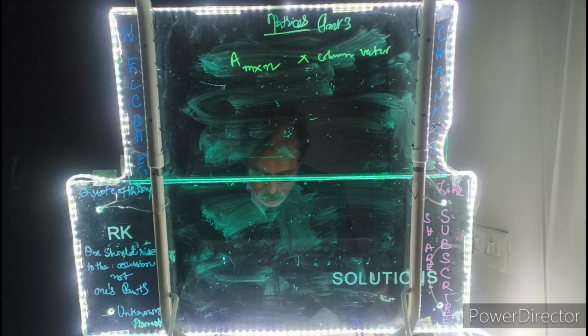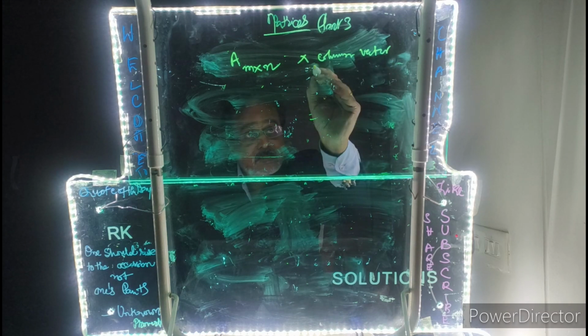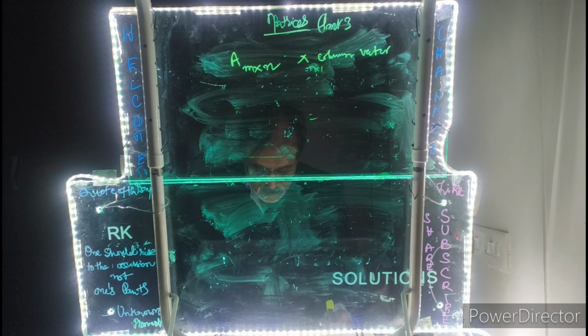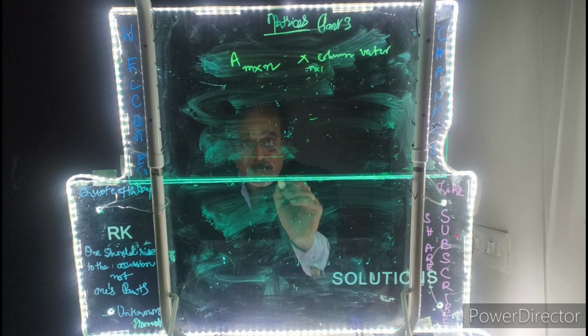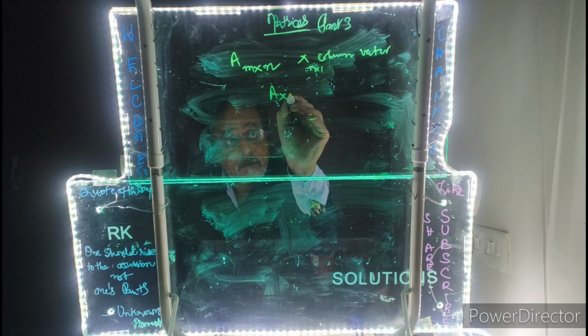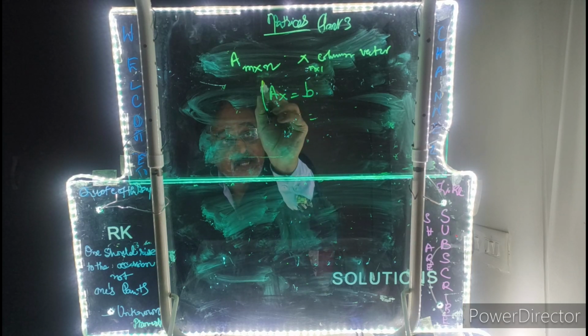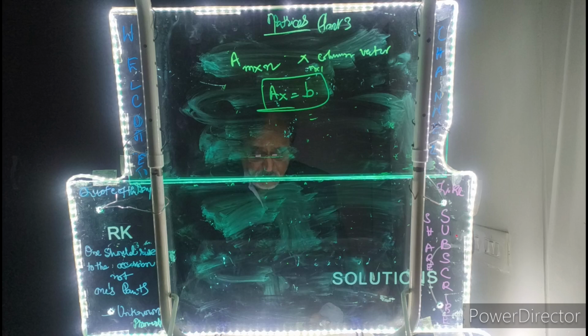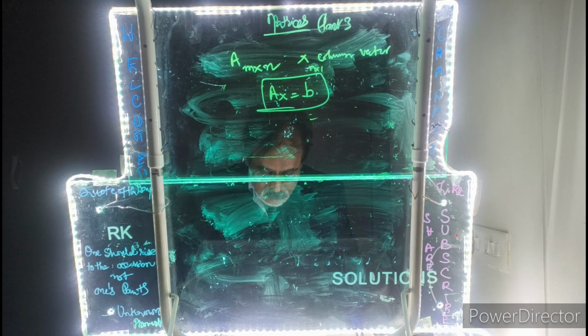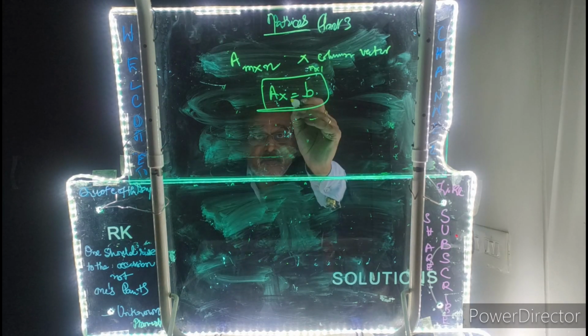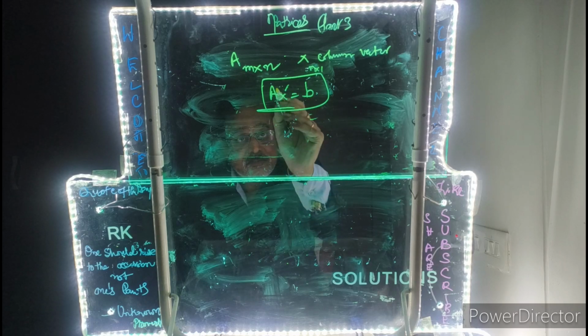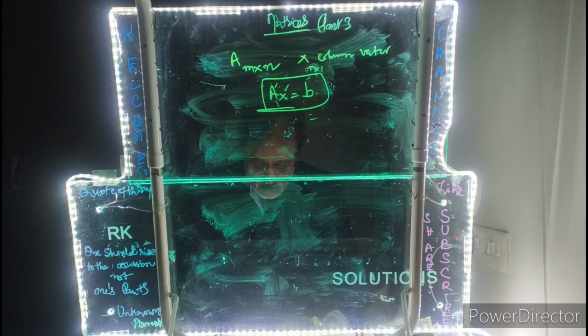Then it will make more sense. So x is an n by 1 matrix. Then Ax equals b. We can multiply this matrix with the vector. This is matrix, this is vector, and it gives something else.